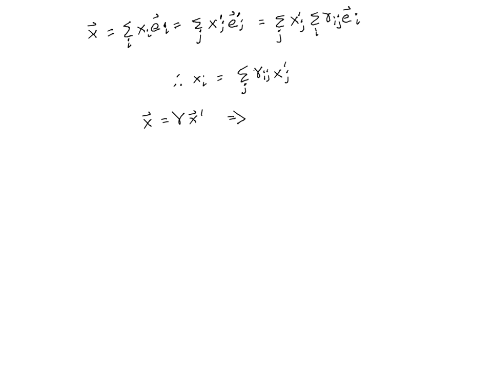And that also can be written where if we take the inverse of the matrix, then we could say that gamma inverse x is equal to gamma inverse times gamma x prime. And then you can see the gamma inverse and the gamma give you 1. So this is just x prime. And so we say that x prime is equal to gamma inverse x.